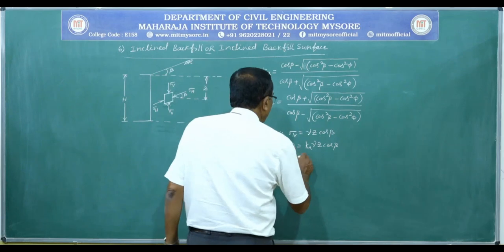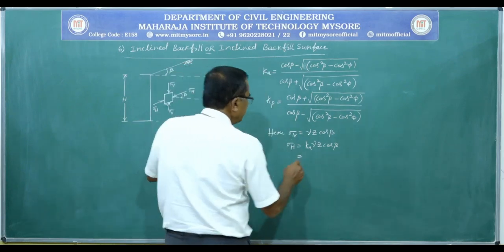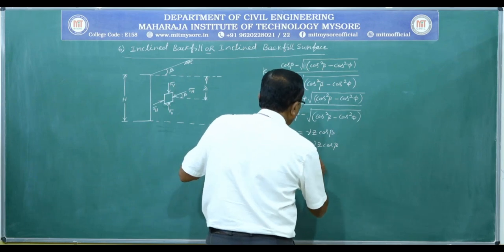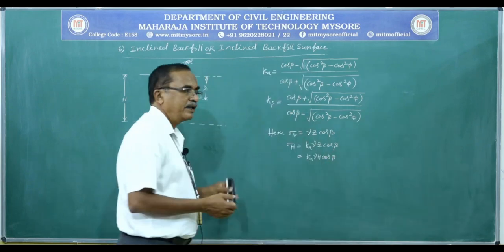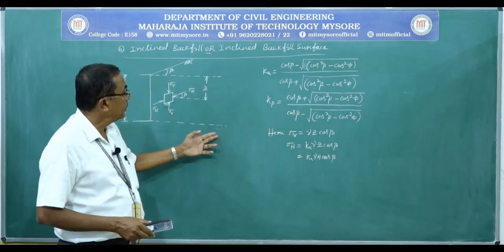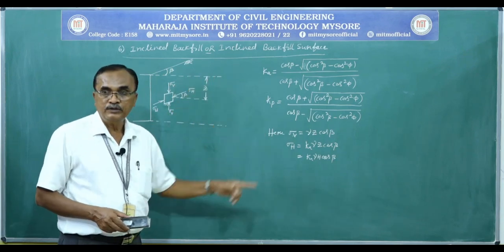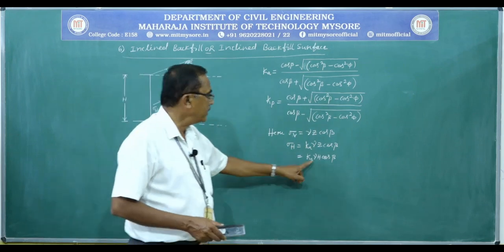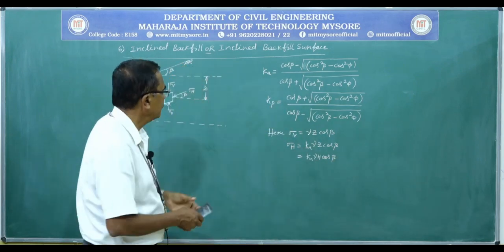The lateral earth pressure at the base of the wall is equal to Ka into gamma into H into cos beta. We already discussed that we have a standard expression to calculate earth pressure at the base of the wall, Ka into gamma into H. In addition to this Ka gamma H, we have to use beta to take care of the inclined surface.